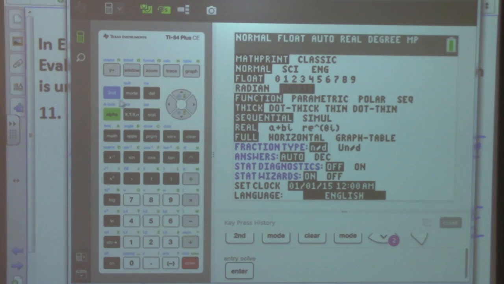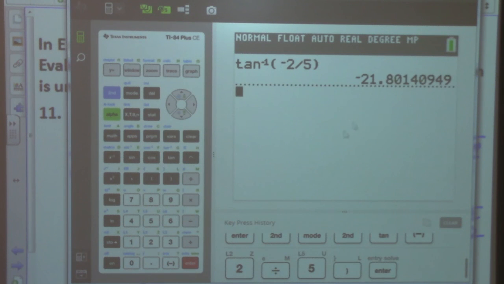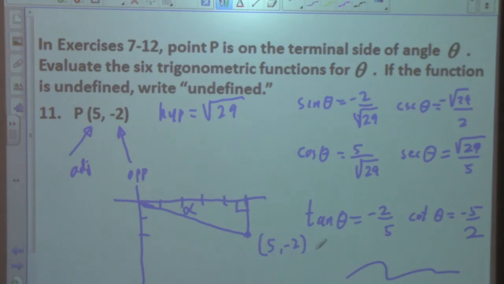We have inverse tangent of -2 over 5, right? And this is going to give us that angle in degrees. That angle is going to be -21.8 degrees. So this reference angle is going to be 21.8 degrees, roughly, right?